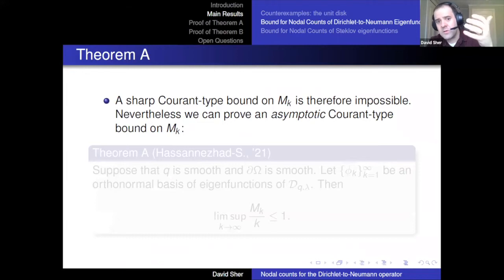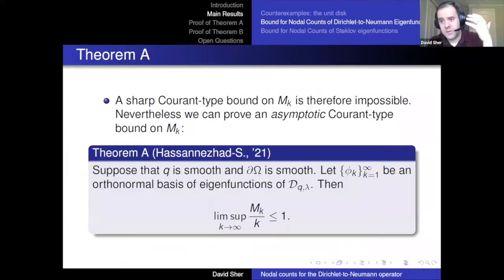So what we're going to do is prove an asymptotic Courant type bound. This is, again, joint with Asma Hassannezhad. The preprint is on the arXiv, and I'm happy to direct people to it if you would like. So this is for M_k, where these are the boundary eigenfunctions. We are forced to make the additional assumption that our potential is smooth and that our boundary is smooth here. We will talk about potentially getting rid of those at the end.